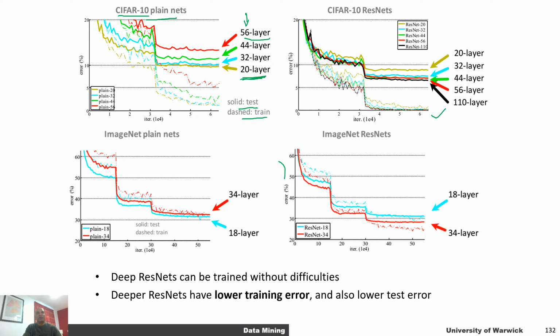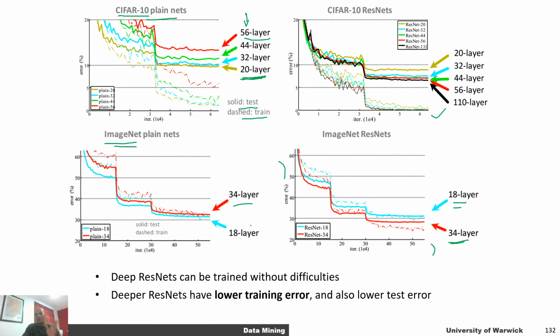So not only on the CIFAR dataset, but also on the ImageNet classification problem, deeper networks such as the 34-layer network, which is popularly called ResNet 34, and then you have an 18-layer network, which is called ResNet 18, are able to do better in comparison to plain networks with the same number of layers. Deeper networks over here have lower training errors, which means that they're able to memorize everything.